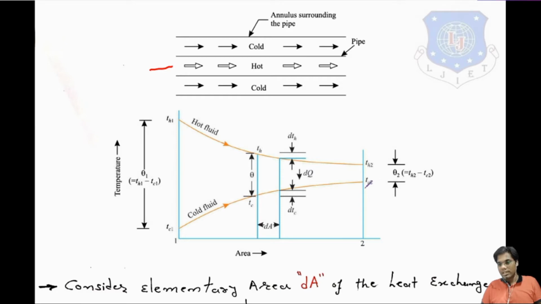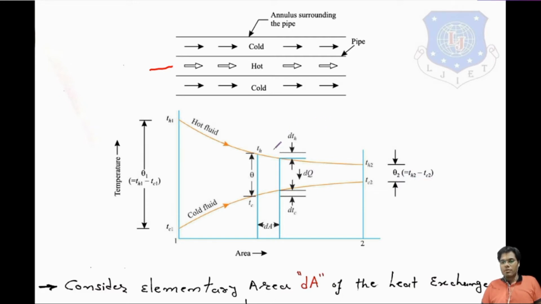At the outlet, the temperature of cold fluid is TC2. At the inlet, the temperature difference is TH1 minus TC1, written as theta1 equals TH1 minus TC1. At the outlet, the temperature difference is theta2 equals TH2 minus TC2.